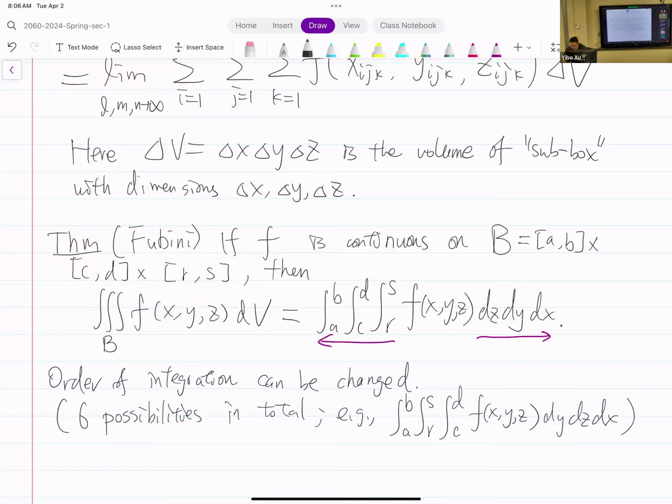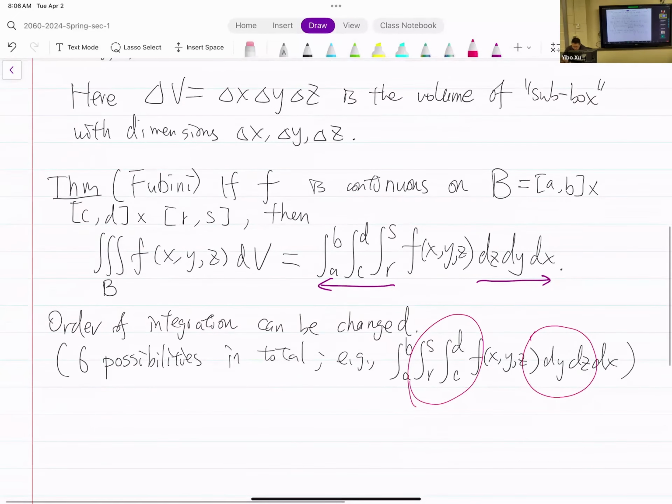If you compare, this is simply interchanging y and z, and you just interchange the integrals in terms of y and z accordingly from the previous iterated triple integral. So that's conceptually an extension. Now let's quickly look at an example.